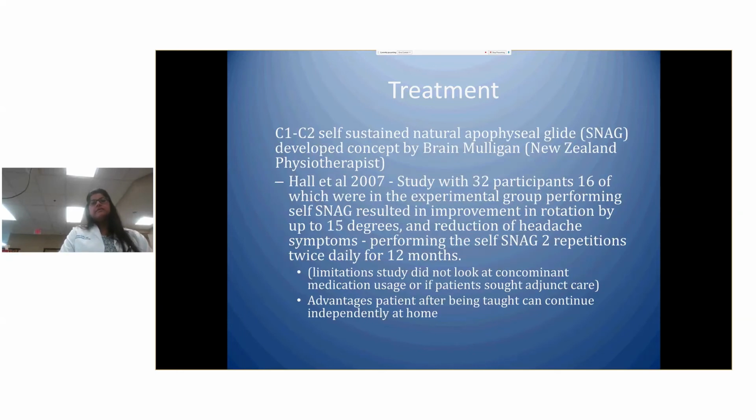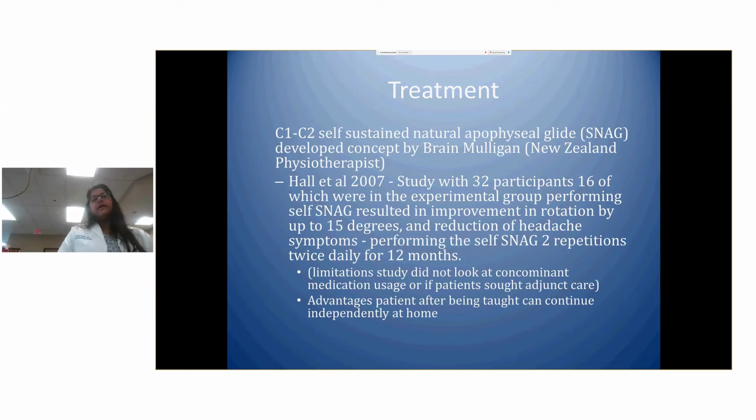One of the articles focused on the self-snag. How many of you have heard of the self-snag? Okay, so the self-snag, it was developed by Brian Mulligan. The concept in the article was a self-snag at the C1, C2, which is a self-sustained natural apophyseal glide. And this study, I'll show you on the next slide what that looks like.